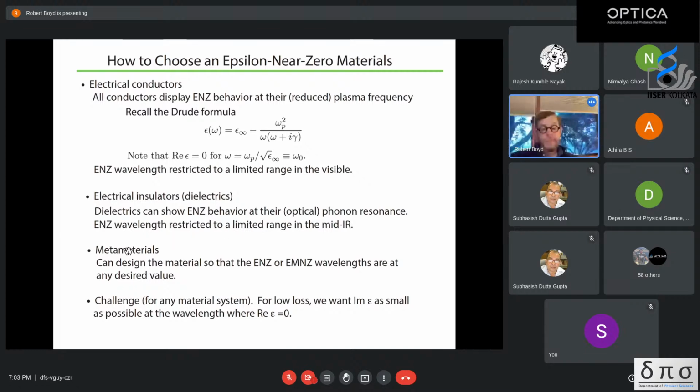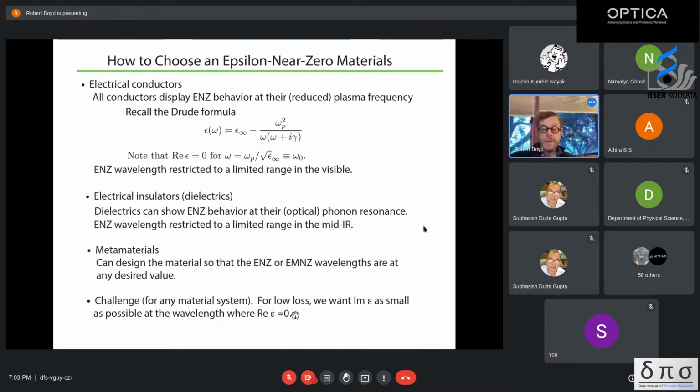There's metamaterials. Here you can design a material so that the ENZ or epsilon and mu near zero wavelengths occur at any desired value. For any of these methods, we want low loss. And for low loss, we want the imaginary part of epsilon to be as small as possible at the wavelength where the real part of epsilon vanishes.